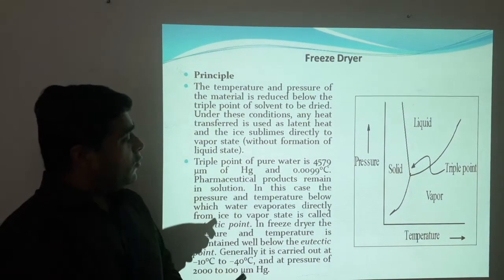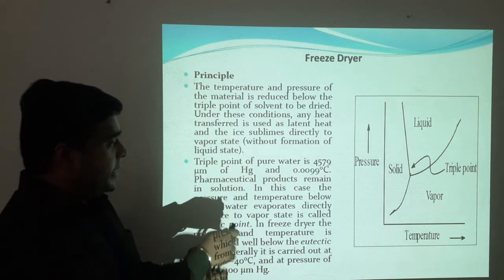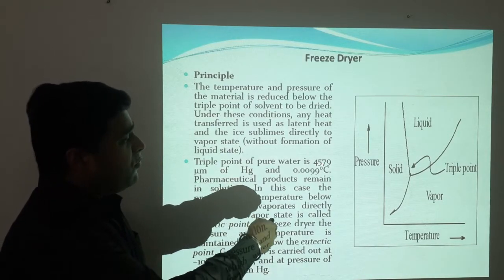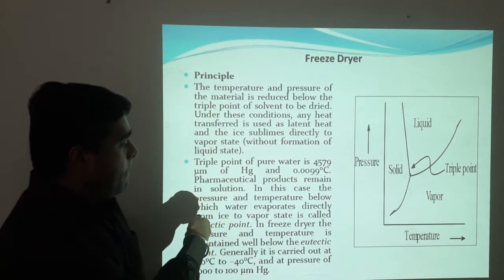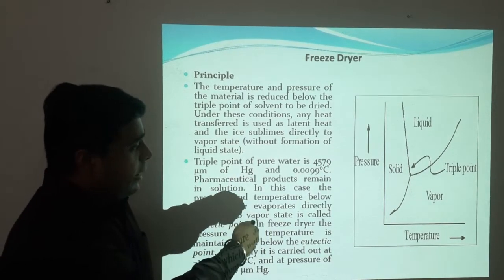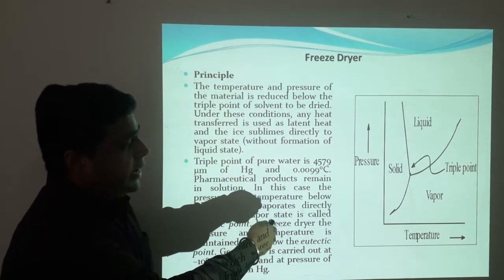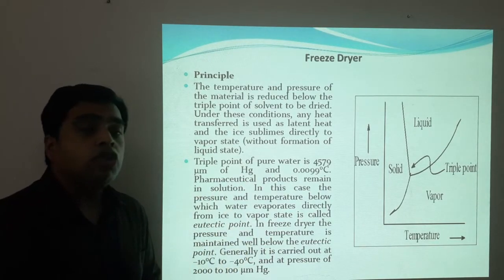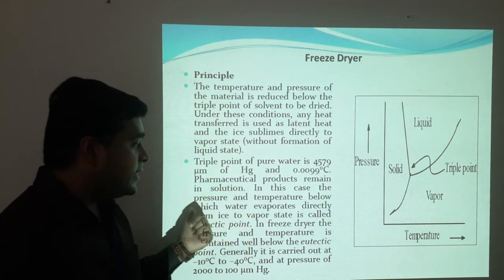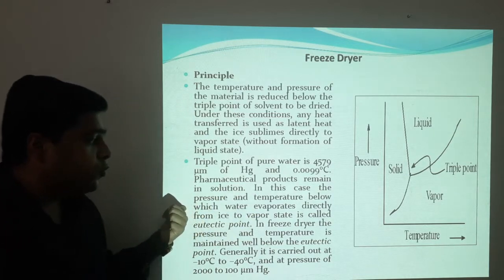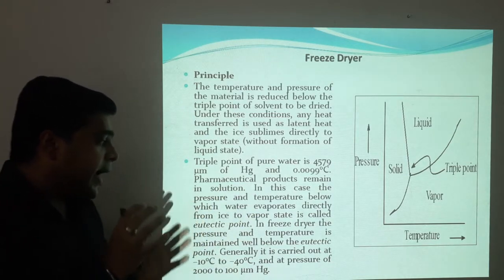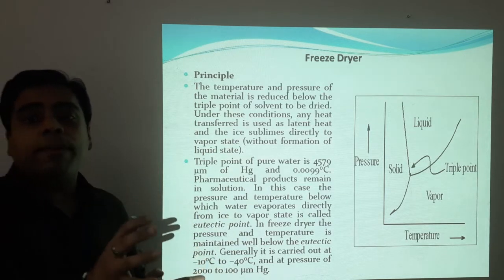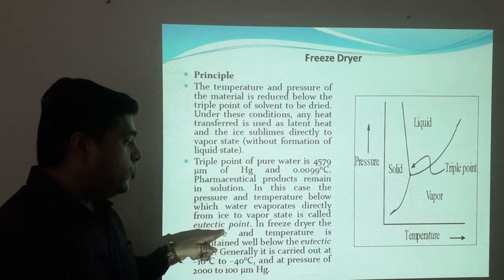So the triple point of pure water comes at this point, that is 4579 micrometers of mercury and 0.0099 degree centigrade. Pharmaceutical products remain in solution at this point, and the pressure and temperature below which water evaporates directly from ice to vapor state is called the eutectic point.